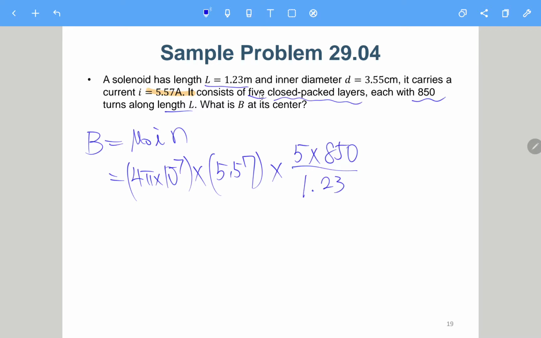But here we have 5 closed packs, so we multiply by 5, so this number is 2.42 times 10 to the negative 2 Tesla.